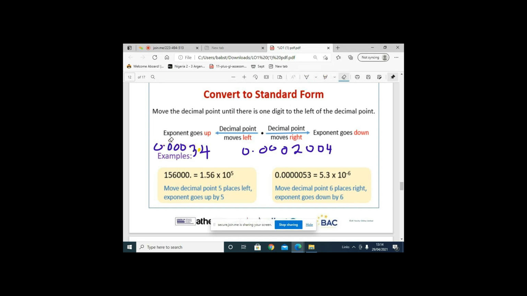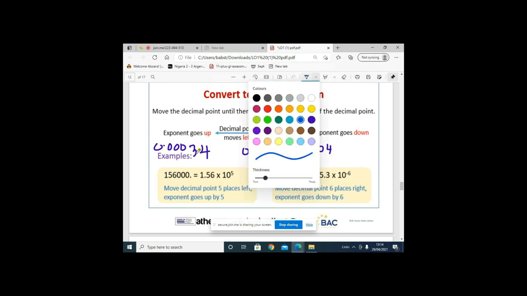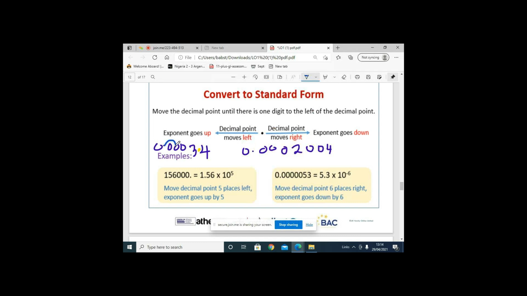You have to count from the decimal. Can you see? 1, 2, 3, 4. You stop here. That's it. This one too. Can you see? 1, 2, 3, 4, 5, 6. So it's going to be what? 5.3 times 10 to the power of what? -6.